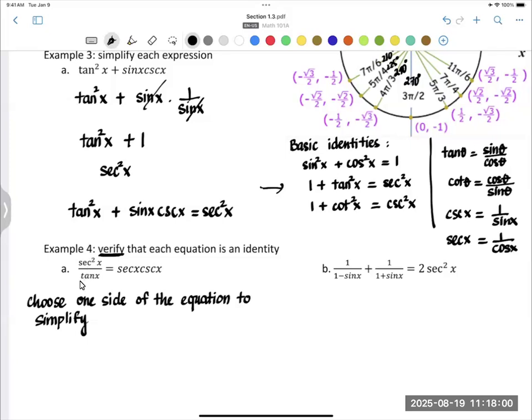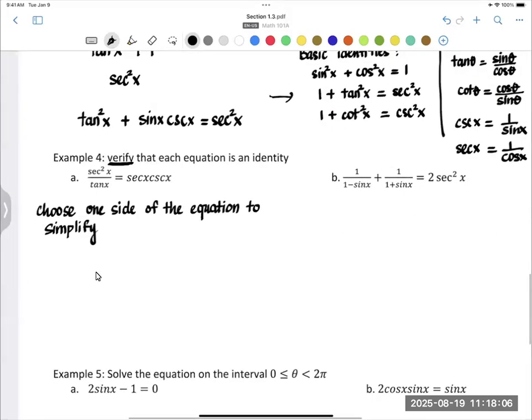So I'm going to choose the left-hand side in this case, because this looks more complicated to me. So I'm going to choose secant square x over tangent x.